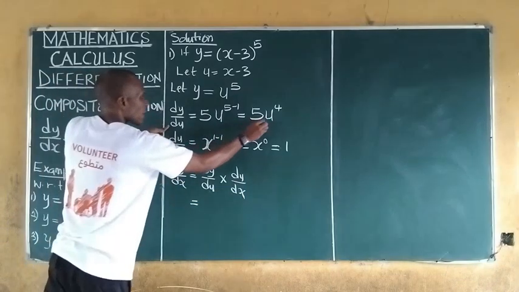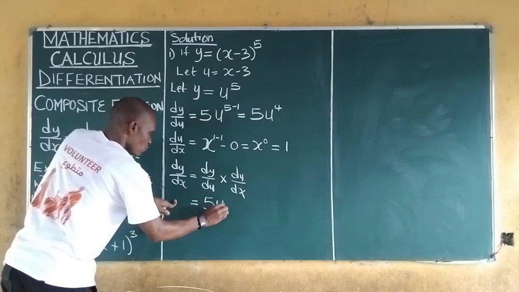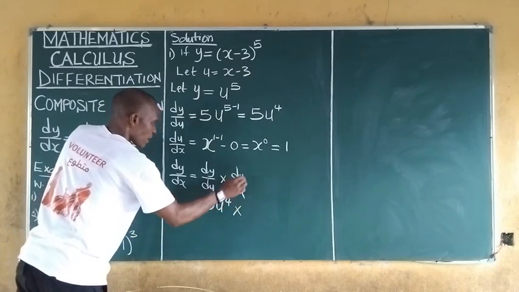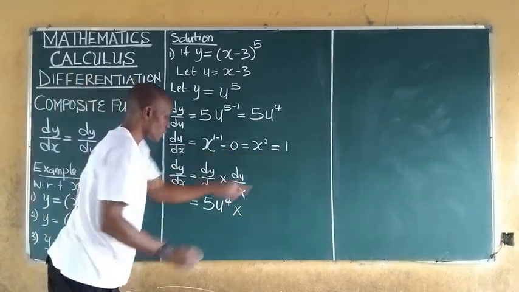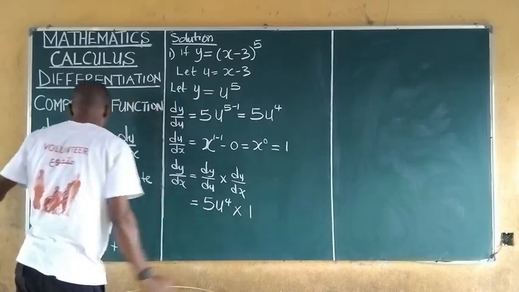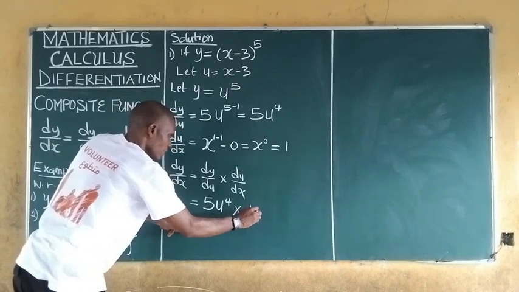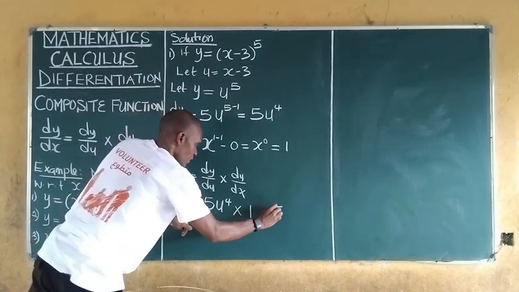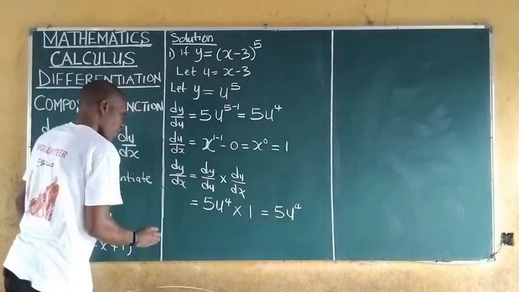We got dy/du as 5u raised to the power of 4, so we write 5u raised to the power of 4 multiplied by du/dx, which is 1. So this is the same thing as 5u raised to the power of 4.